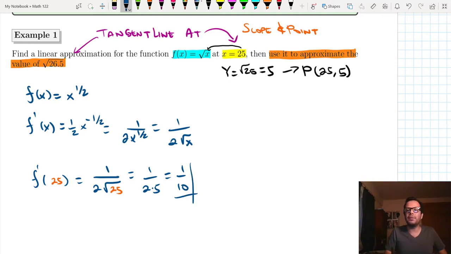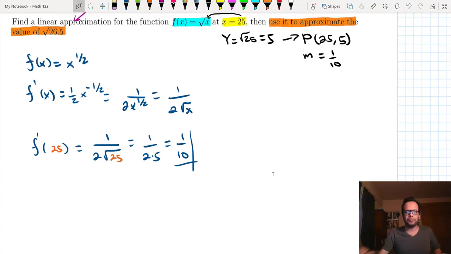So now we have the point and the slope, the two pieces of information that we need to find the equation of a line.